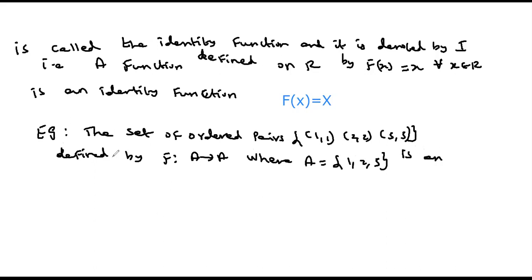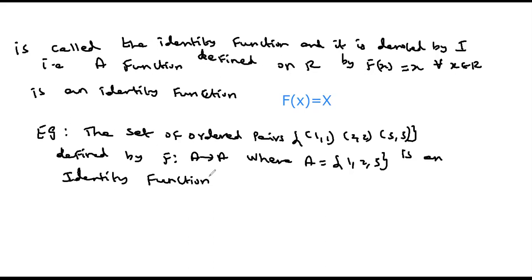Understood? In an identity function, the image of each element is itself: A's image is A, B's image is B, C's image is C. You would have studied this last year. That is f of x is equal to x.